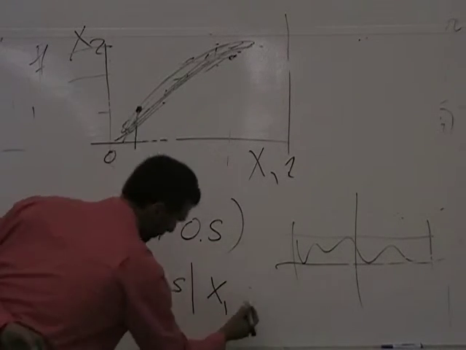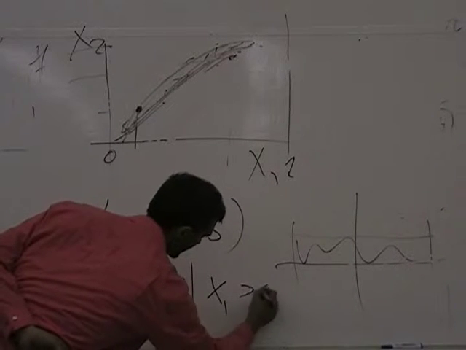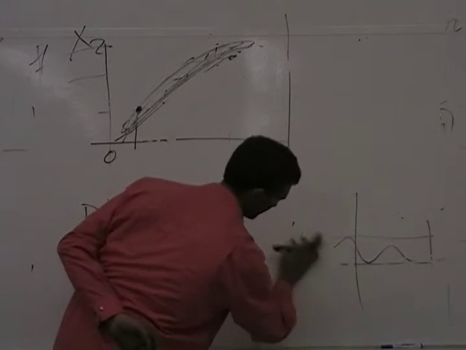Well, okay, we can say x1 is greater than 0.5. We can just make it dumb and simple.